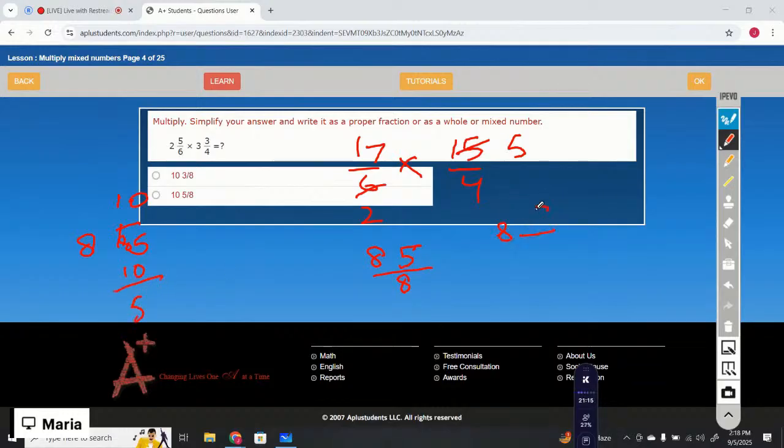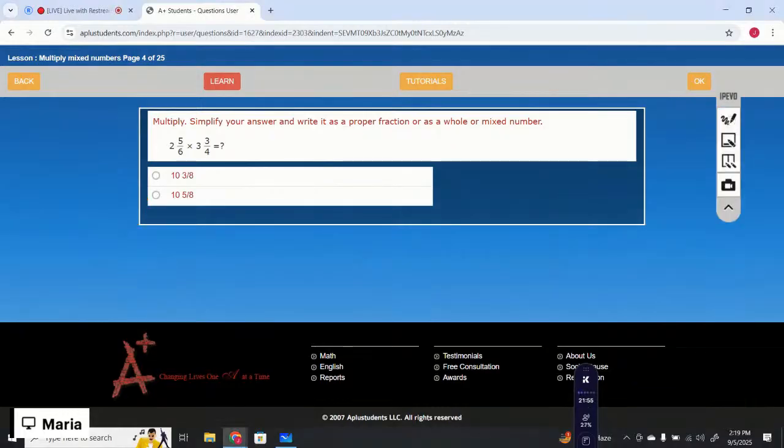So we have 10 whole 5 over 8. The correct option is 10 whole 5 over 8. Option number 2 is the correct option.